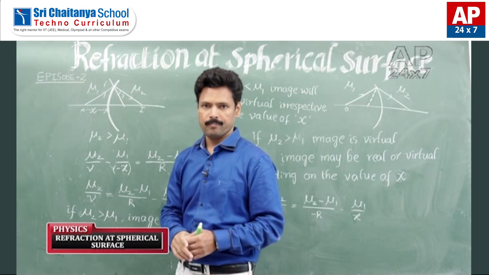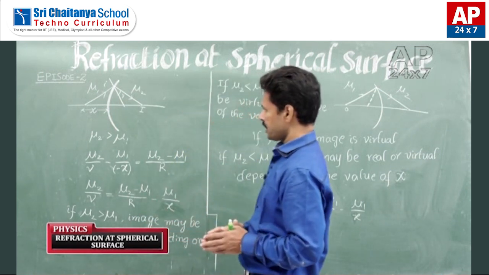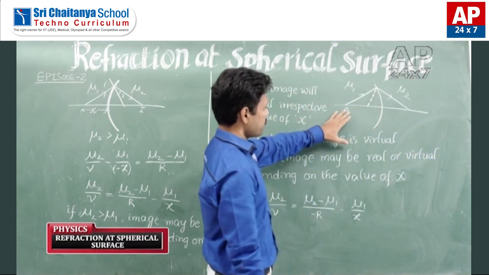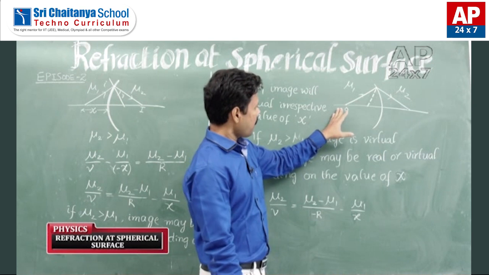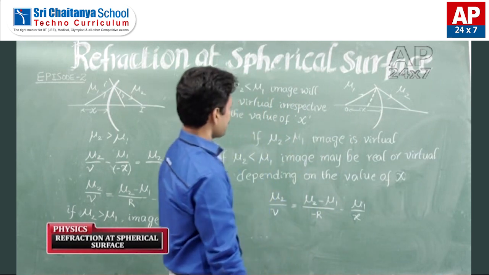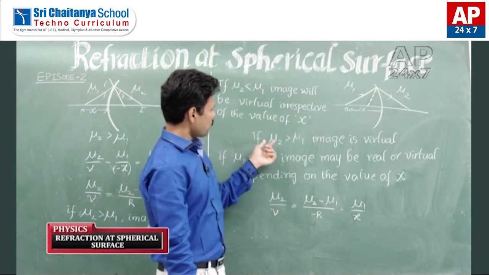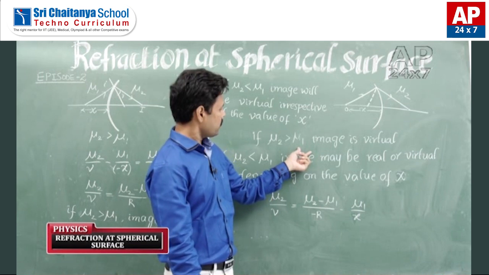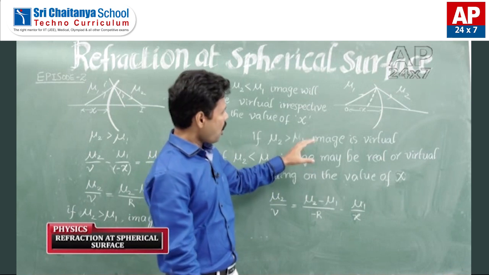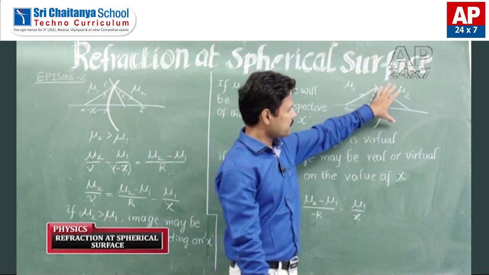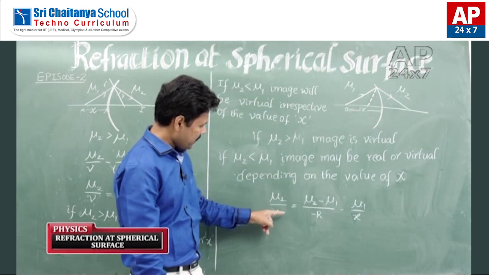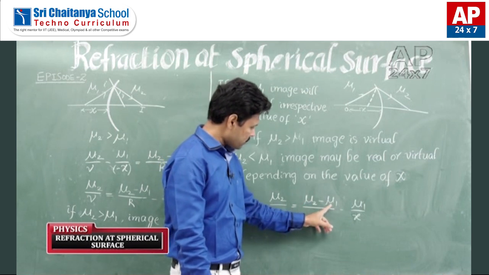This is a conclusion. Now let us take the object on the concave side, at distance x. Once again, if mu2 is greater than mu1, the object is in the rarer medium and this is the denser medium. Now mu2 by v is equal to mu2 minus mu1 by r.